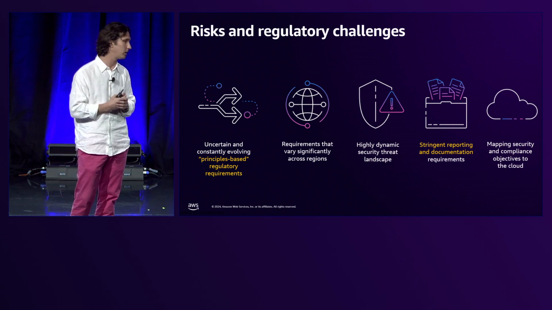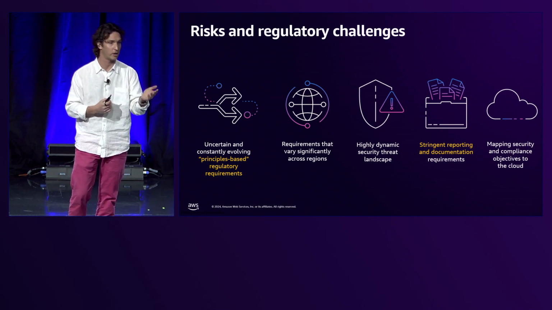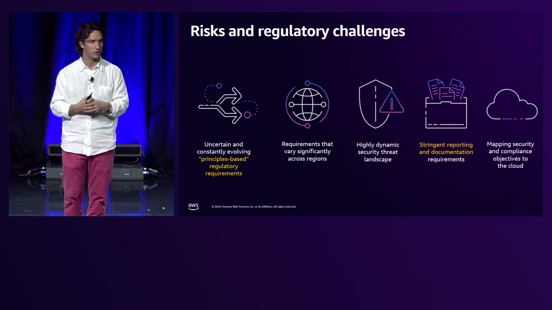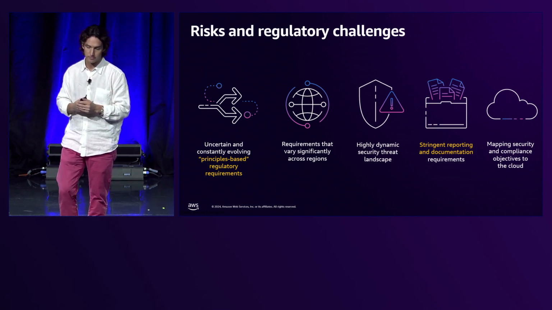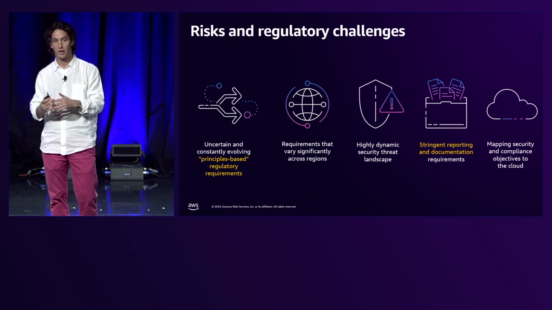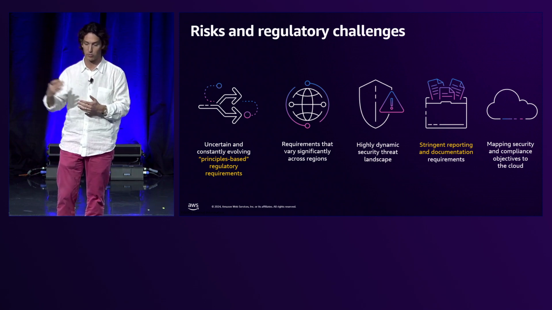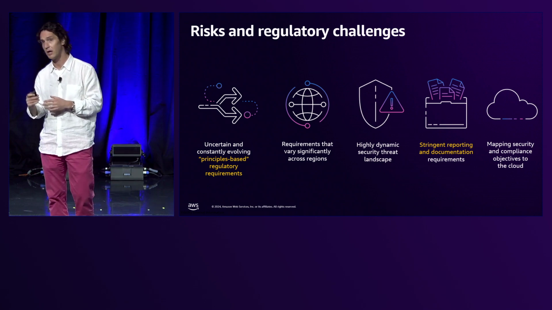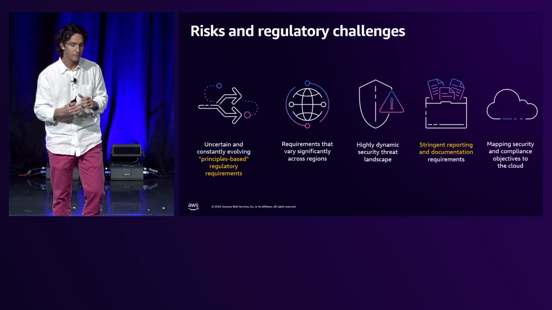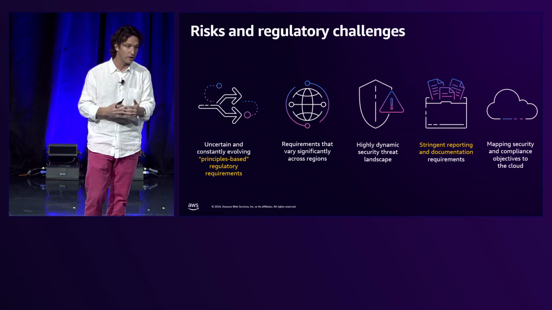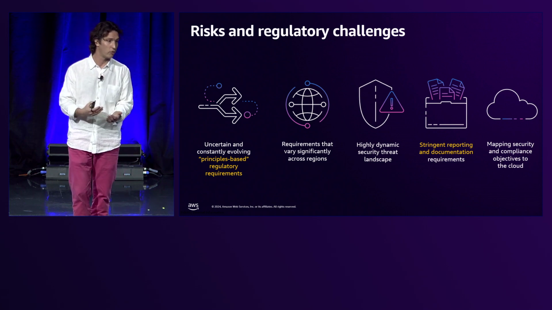A good example would be the European Union coming out with the Digital Operational Resilience Act. It kicks in January. Again, it's not a strict and prescriptive set of guidance, but it lays down some principles that customers need to follow. One of the key components is that the regulator needs to know when there's a problem, so they need to know that you've been impacted.